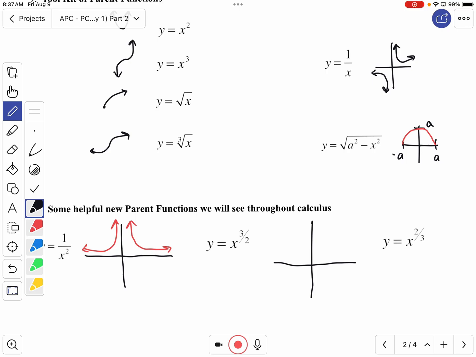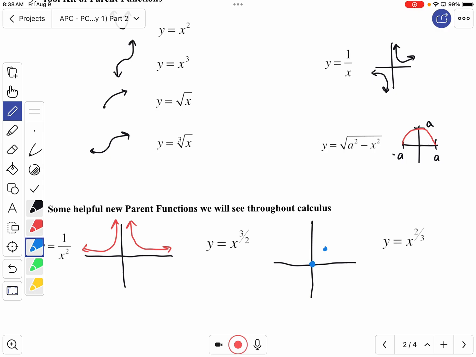It's got to be positive, right? It's got to be positive or greater than or equal to 0. So if I plug in 0, I'm still going to get 0. Okay. If I plug in 1, what are we going to get? Square root of 1 is 1, we cube it, 1. Okay, so we're going to get 1, 1.